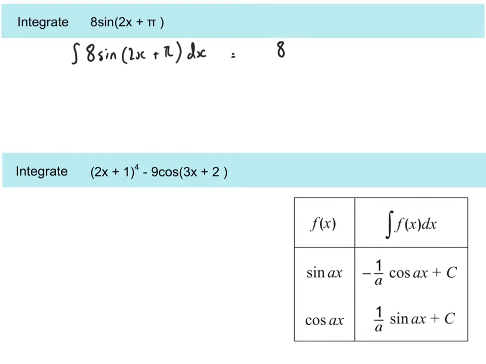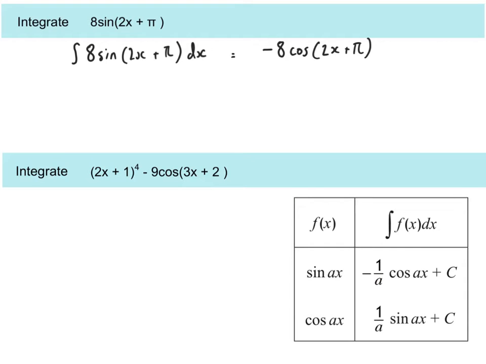The 8 is not going to change. Sine integrates to negative cosine. So I'm going to have negative 8 cosine. The thing inside the brackets is not going to change, 2x plus pi. The table shows me what to do with the coefficient. The coefficient of x, I just divide by that.